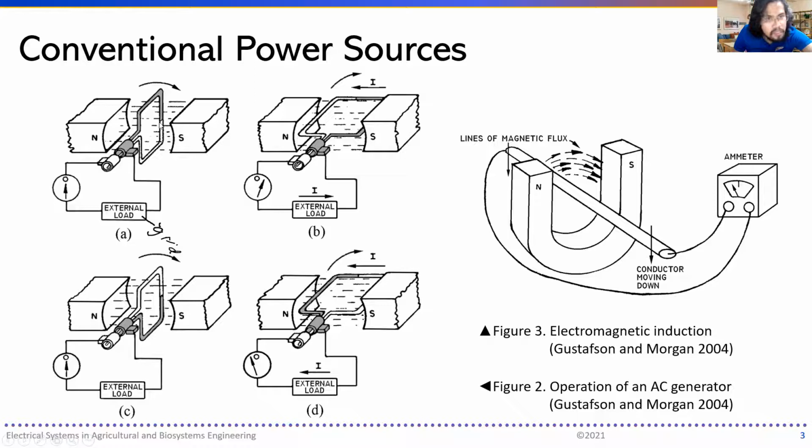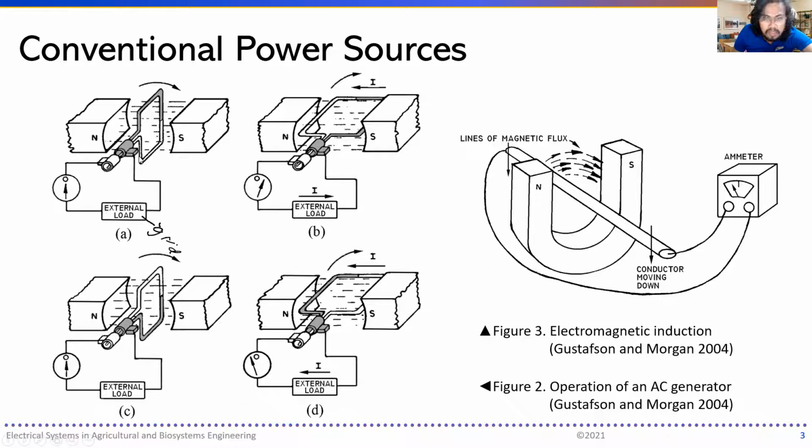The loop, as it rotates, experiences what? It experiences a magnetic field emanating from the polar ends of the magnets, from north to south. This induces a current in the loop or circuit.